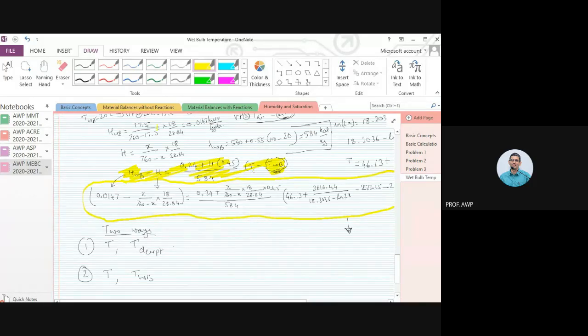So unless my Antoine equation is something simpler, there is no other way. And Antoine equation will always be exponential. Understood, sir. Okay. Any other point?